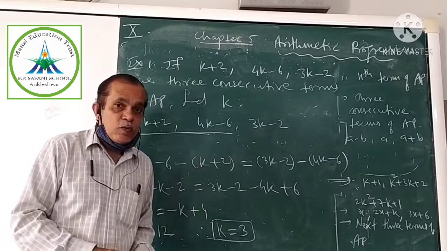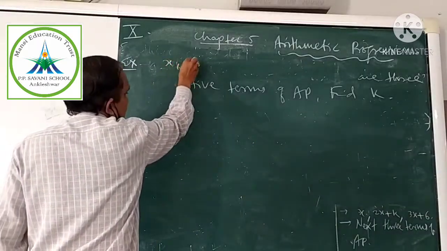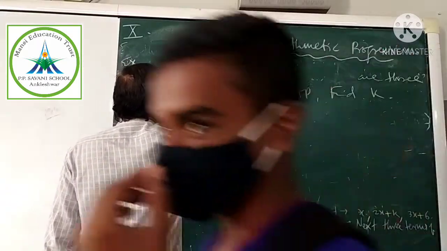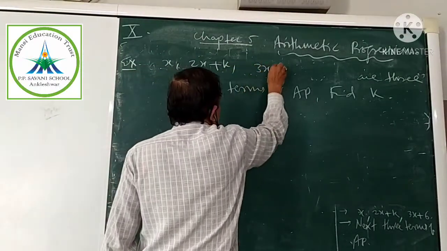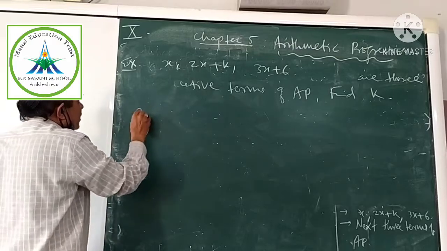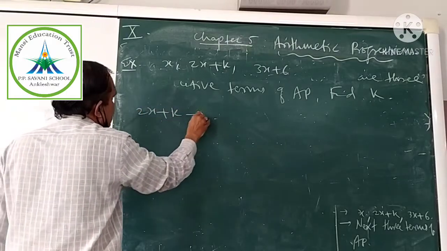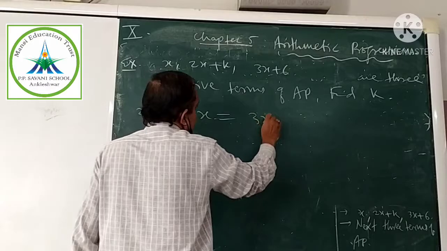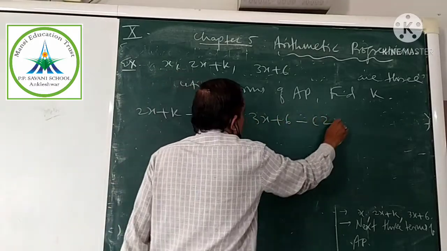ऐसे examples 2 marks का हिस्सा हैं. x, 2x plus k, 3x plus 6, find k. चलो फिर अपना काम करिए. 2x plus k minus x equal to 3x plus 6 minus (2x plus k).